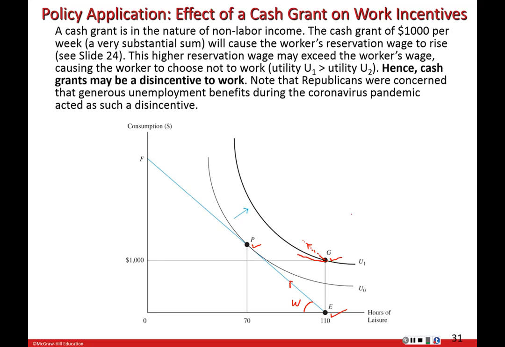So essentially what you have at point G is that the wage is less than the reservation wage. So the worker will choose, in fact, not to work.